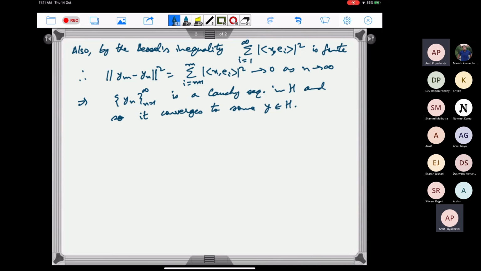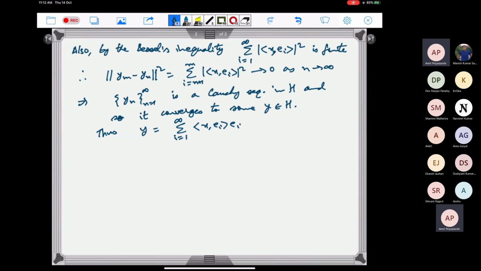So we are writing y is equal to the summation of (x, e_i)e_i, i equal to 1 to infinity.